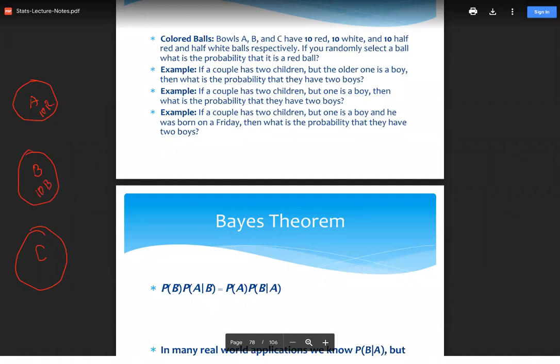No, 10 white, and 10 red. B is half red and half white. So C has 5 red and 5 white. All right, good. C has 5 red and 5 white.